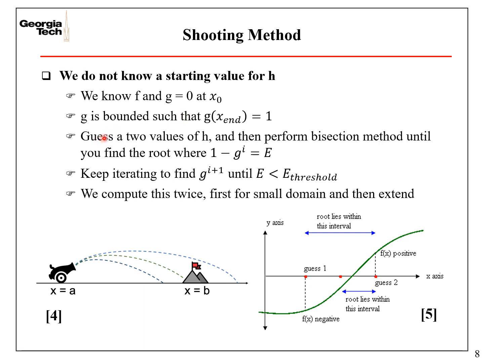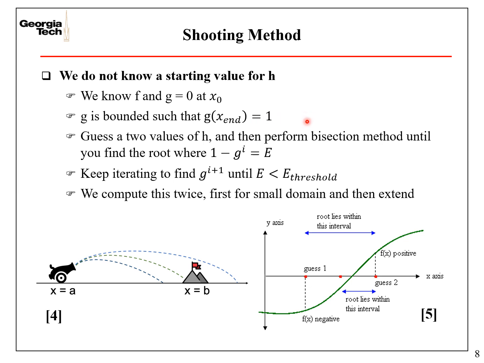And we don't know what h is initially, but we do know one piece of information that can help us get there: g at infinity is equal to 1. So effectively, it's the free stream velocity, as g is the dimensionless velocity. And we just assume that we're defining our domain within the similarity variables large enough such that g at the end of the domain is equal to 1.